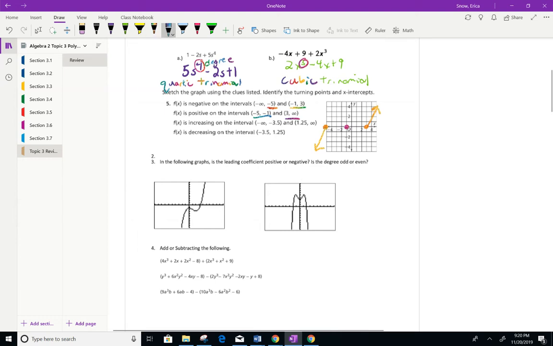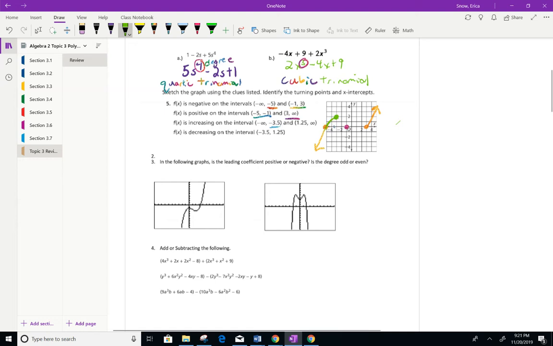So the next is to put in our turning point. So we have one at -3.5. So approximately here, but we're going to put it up here somewhere. And it doesn't really matter where the y value of that turning point is, so long as the x value is at -3.5.